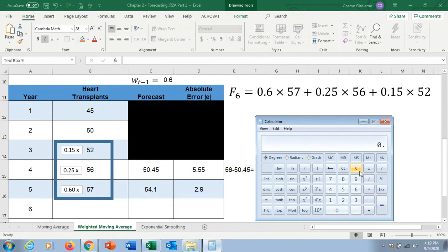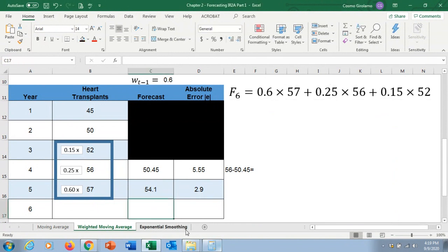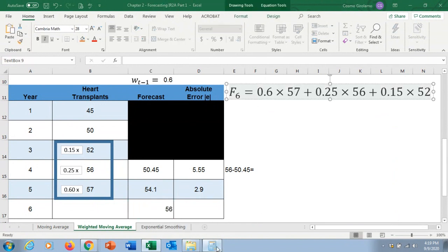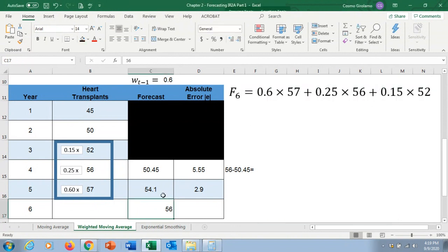Plugging this in, we get 0.6 times 57 plus 0.25 times 56 plus 0.15 times 52. Calculating this all out, we end up with a prediction of 56.